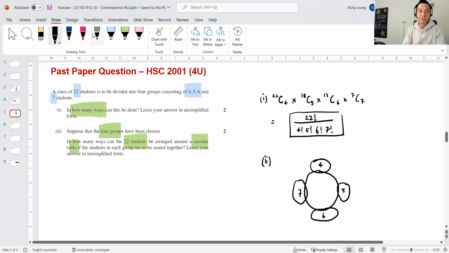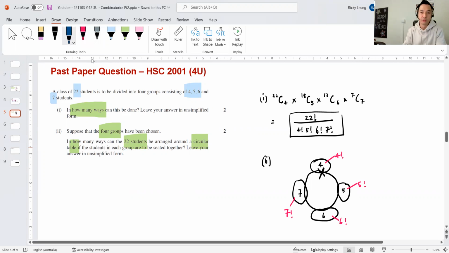So the way we're going to do this is exactly like we do with the circular arrangement. We'll lock one down so that the repetitions don't occur. Lock one down, and then within this group, there's 4 factorial ways of arranging them, 5 factorial, 6 factorial, 7 factorial.